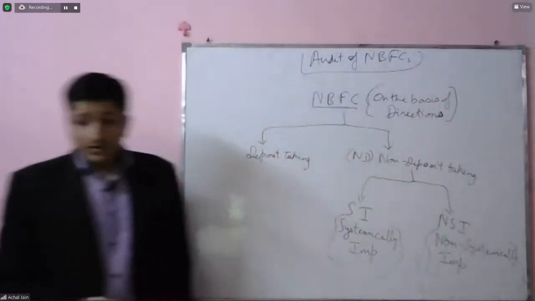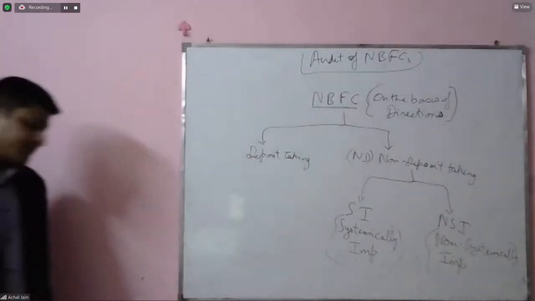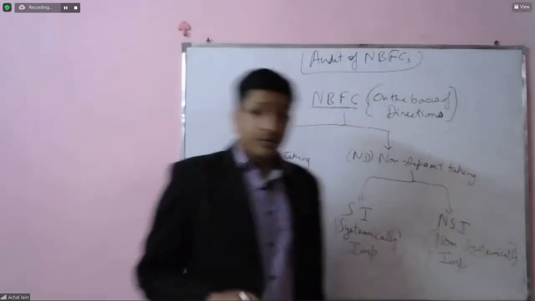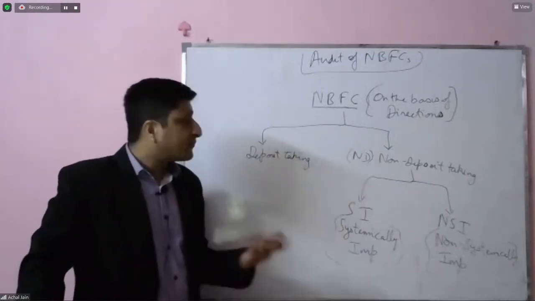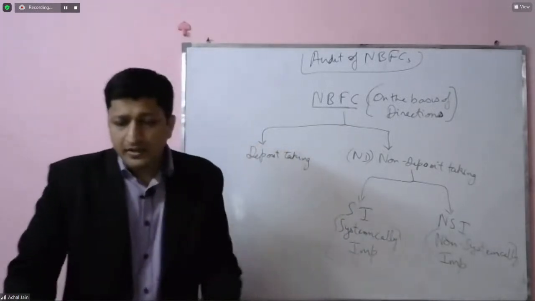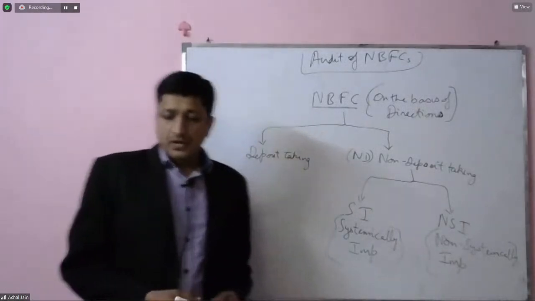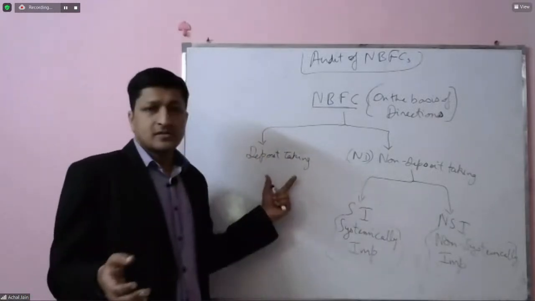For the time being, don't get confused as to what is systemically important, what is deposit taking, what is non-deposit taking. We will discuss various provisions on the basis of which you will be able to make out the relevance of these directions and the difference between these categories. For the time being, you can say that this is one of the criteria picked up to segregate various types of entities into certain categories.